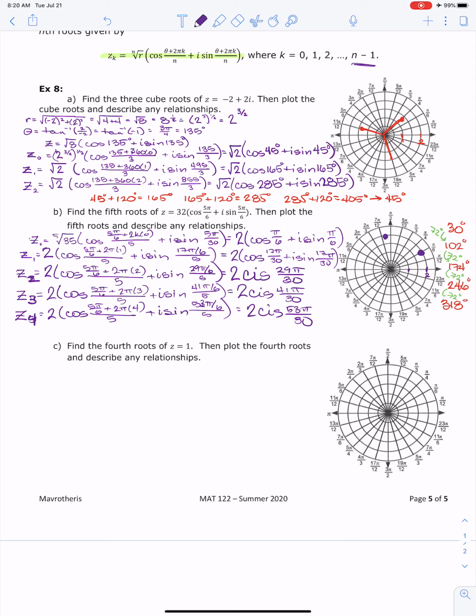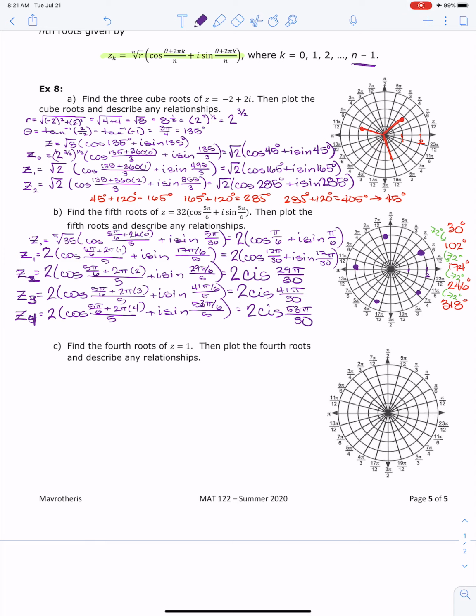My next one, 174 degrees, we know that needs to just be shy of 180. 246. So 4 pi over 3 is 240, so we're going a little past 4 pi over 3. And then 318, so we know 5 pi over 3 is 300. 11 pi over 6 is 330. So a little more than halfway between those two.